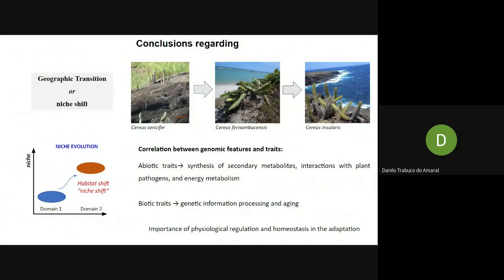As I said before, for abiotic traits we observe synthesis of secondary metabolites, plant-pathogen interaction, and energetic metabolism. And when you check the biotic traits, you observe genetic information processing and aging. So the physiological and molecular processes associated with those traits may allow these species to adapt to those new conditions in the geographic and niche shift.